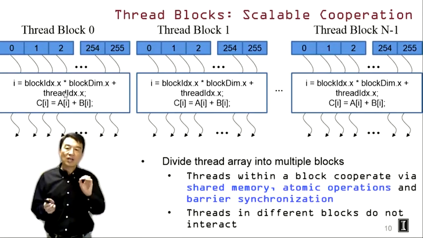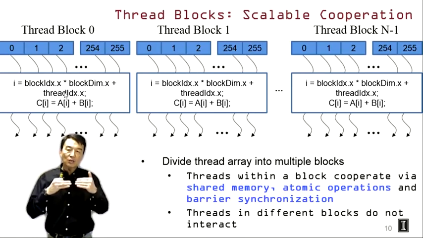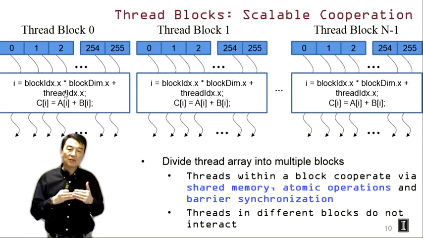Essentially, shared memory allows the threads to exchange data. The atomic operations allow the threads to coordinate their updates to the same variables. And the barrier synchronization allows the threads to force others to wait for them. So all these activities allow coordination across different threads.